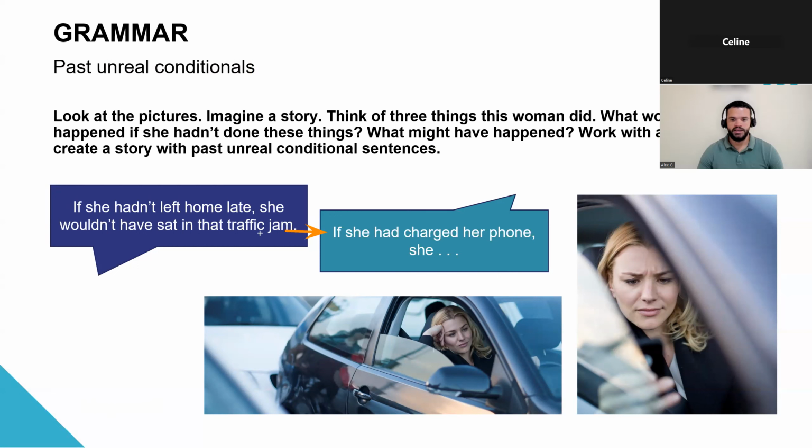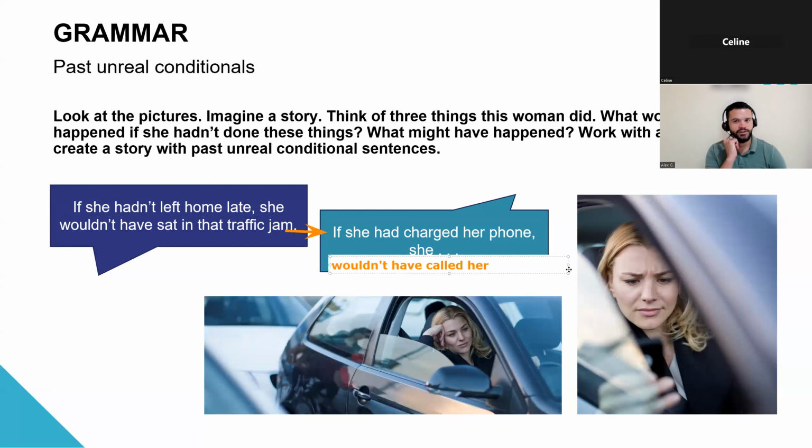If she had charged her phone, she wouldn't have called her family.